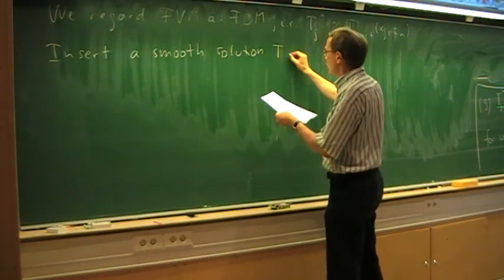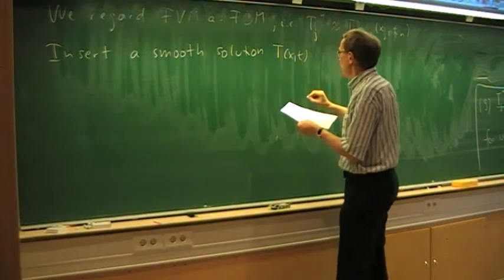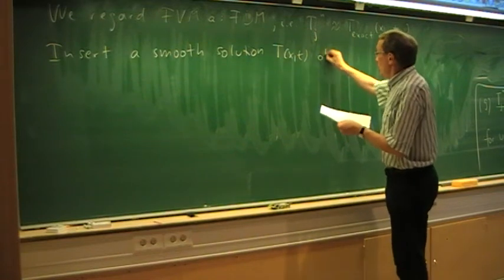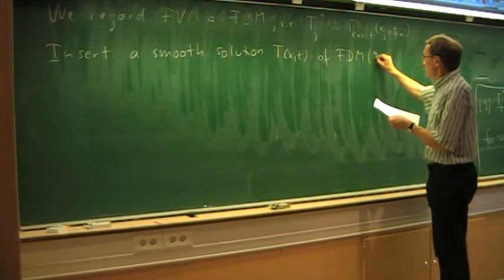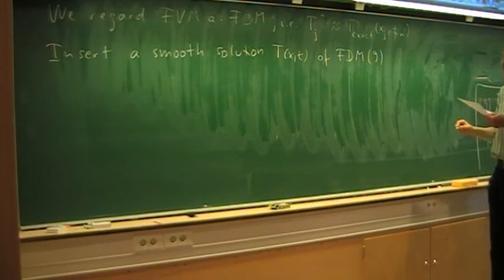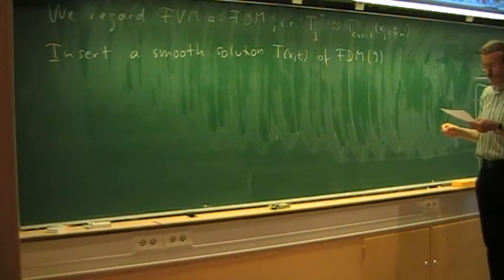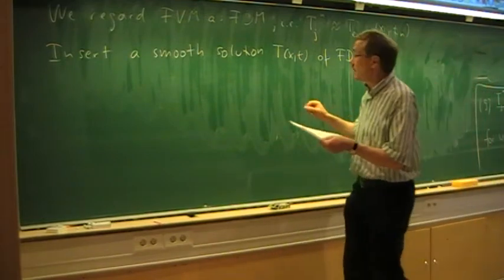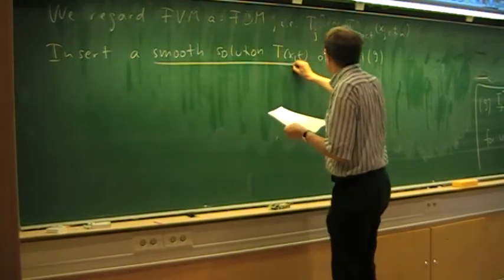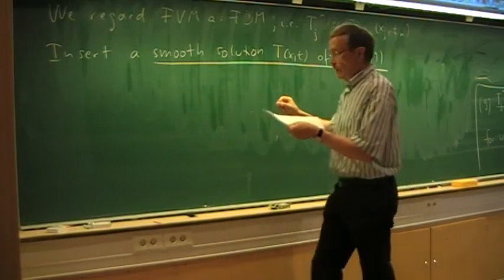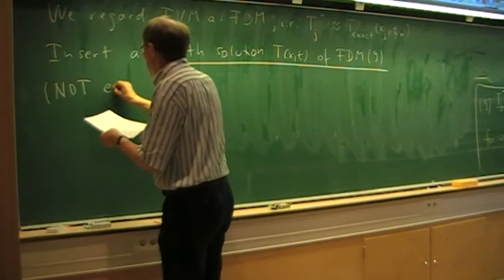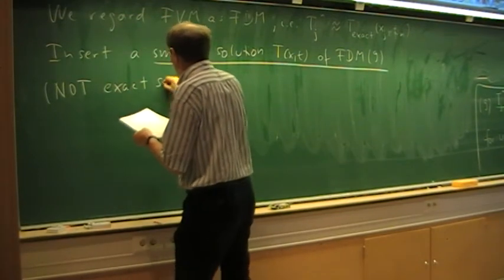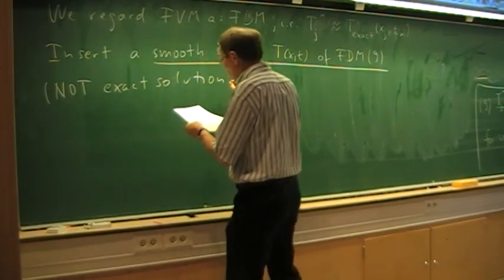We call it the same as usual, T(x,t), of the finite difference method, not of the exact solution. I want to stress that: the smooth solution of that is not the exact solution of the PDE.